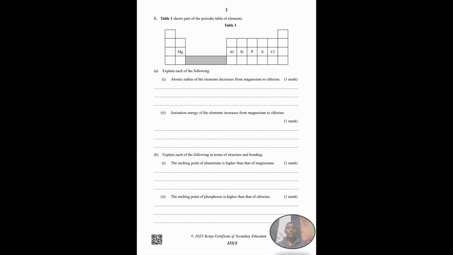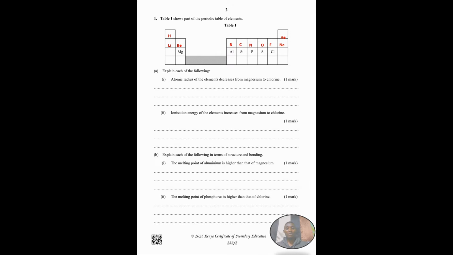So from the first 20 elements, from the left corner of the periodic table, we have hydrogen. Then to the right corner of the periodic table, we have helium. Then we have lithium, followed by beryllium, boron, carbon, nitrogen, oxygen, fluorine.